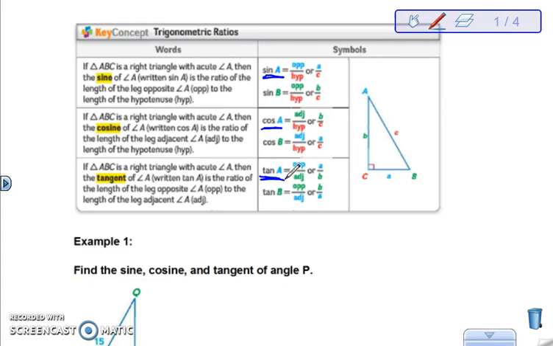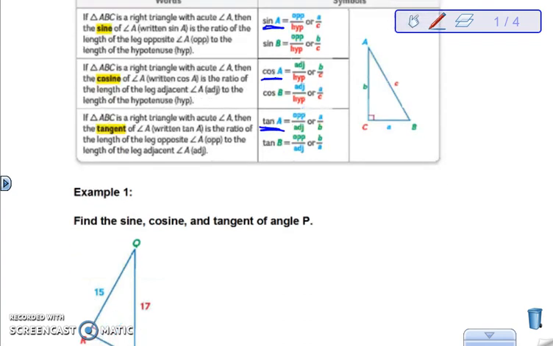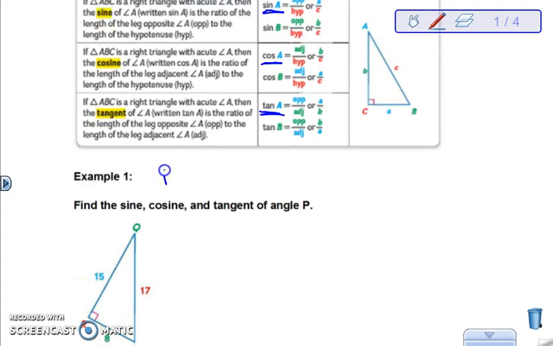Basically, each of those is an operation or a function that tells you the proportion of two sides based on a given angle that we will call the reference angle. That reference angle will have to be one of the angles in the triangle. It will also not be the right angle, so this is going to be one of the two acute angles.